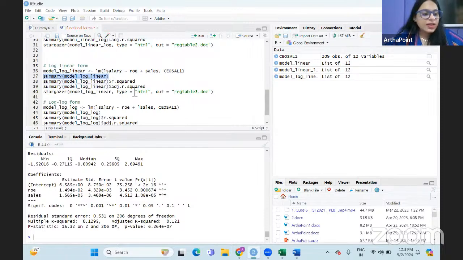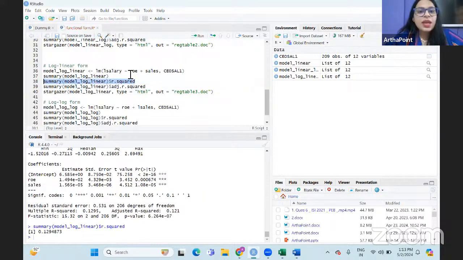And now from this summary, देखो, summary में I am already getting the value of R square and adjusted R square, right? But now what I want is if from the summary I want to pick up the value of R square, so I can run this command separately and I can say कि इस summary में से मुझे R square का value दो. So what I have done is I have just written this summary as it is.